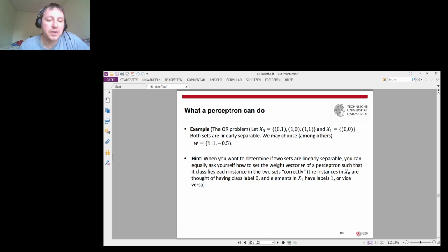How would we have to choose our W? So basically, linearly separable means you have to find a hyperplane such that this hyperplane separates these two sets. And we can set our hyperplane to use this weight vector W here.